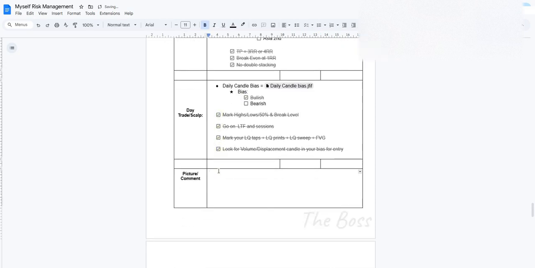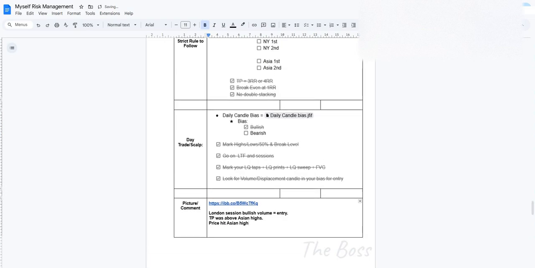Okay, so let's take a look. London session, bullish volume, entry. DP was above Asian highs. Price hit the Asian high. So what did price do?